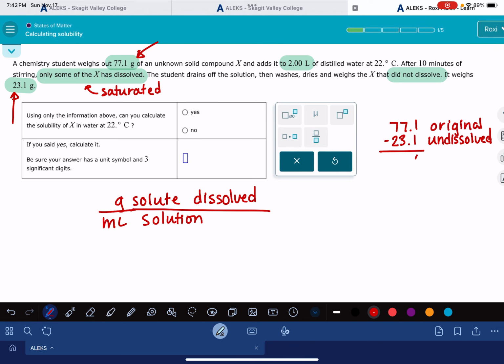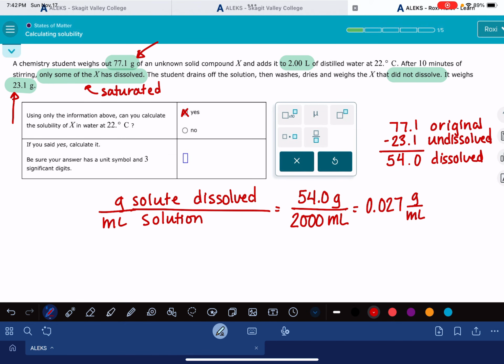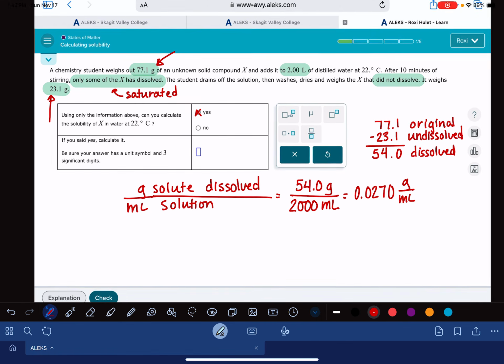That's going to tell us how much actually dissolved, and that's the number that we want to use to calculate our solubility. 54 grams per 2 liters of solution, or 2,000 milliliters. Again, you can probably use the liter unit, but I'm not going to risk it. 54 divided by 2,000 is 0.027 grams per milliliter. Oh, to 3 significant figures, 0.0270 grams per milliliter.